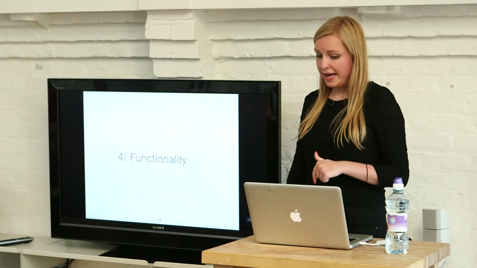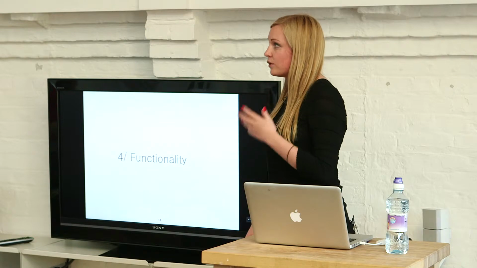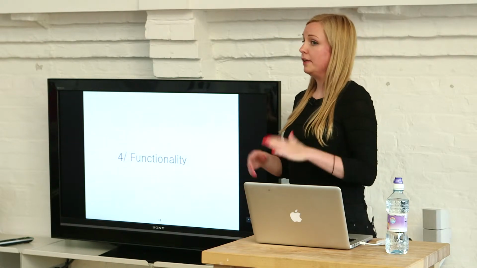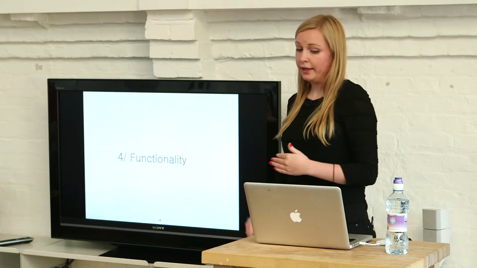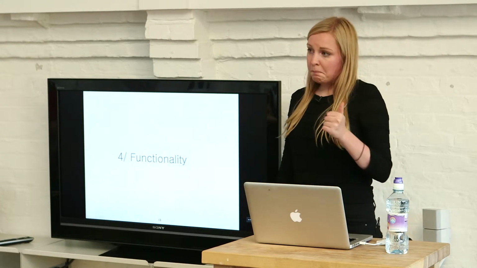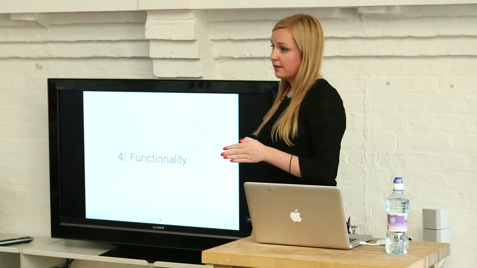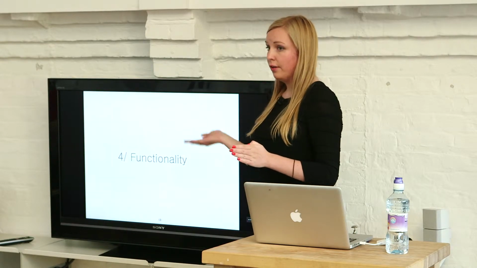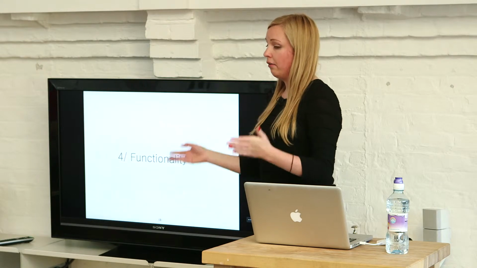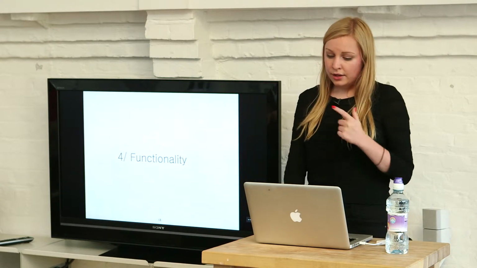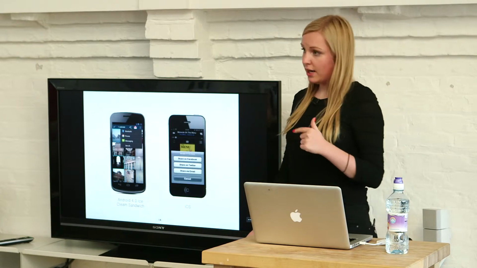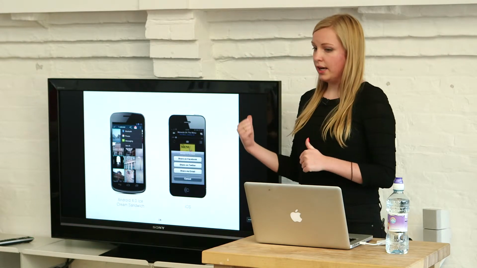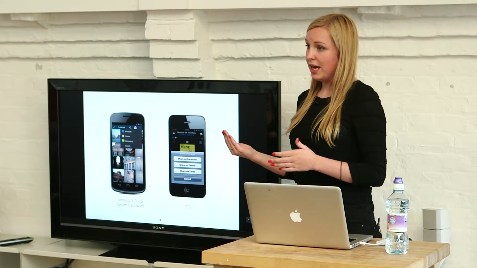Our fourth one is different functionality. There's all sorts of different functionality across these platforms. It's what makes them unique and gives them their difference in the market. There's functionality that can enhance the user experience on one platform, and a lack of functionality on another platform that may mean you can't implement that great solution. One example of this is sharing. On Android, if I wanted to share something, I'd hit my share button and I'd get a list of share targets.